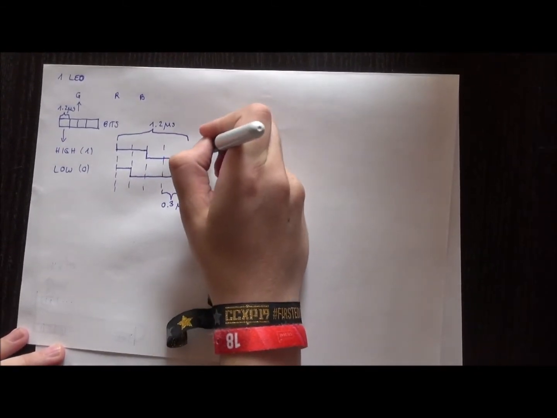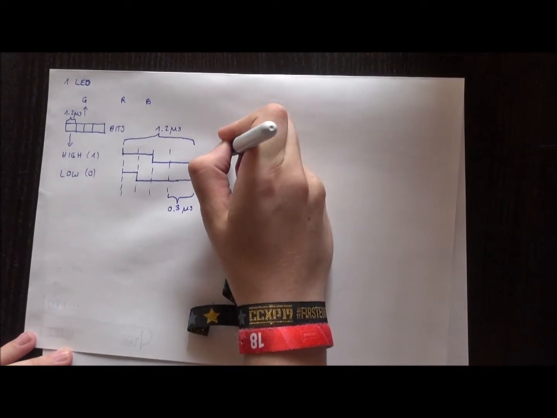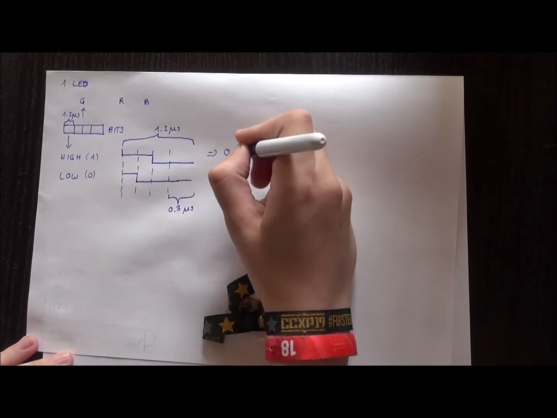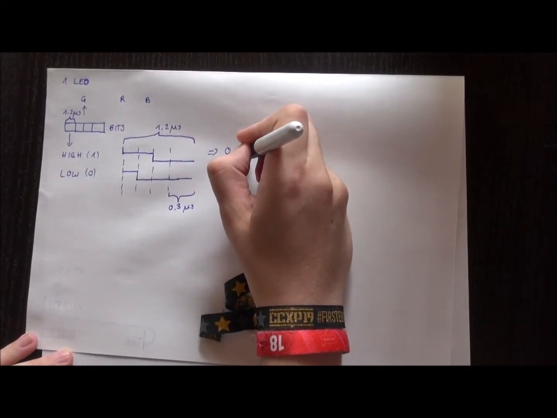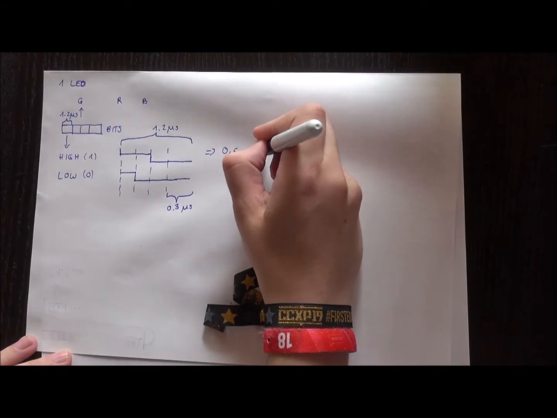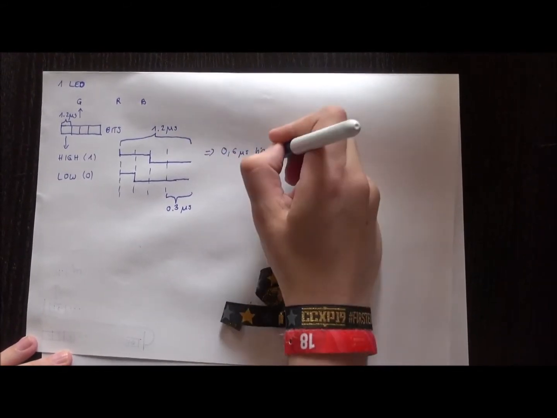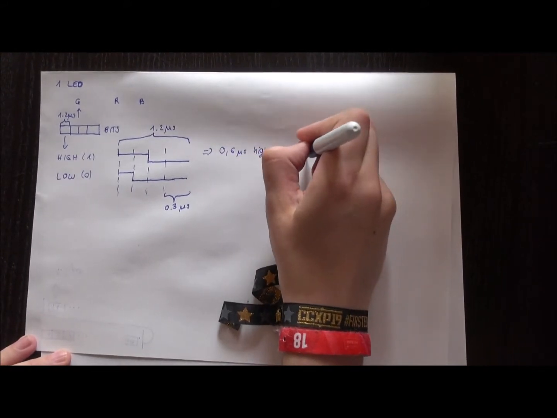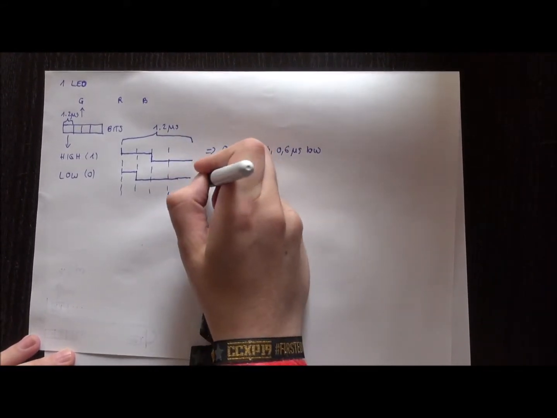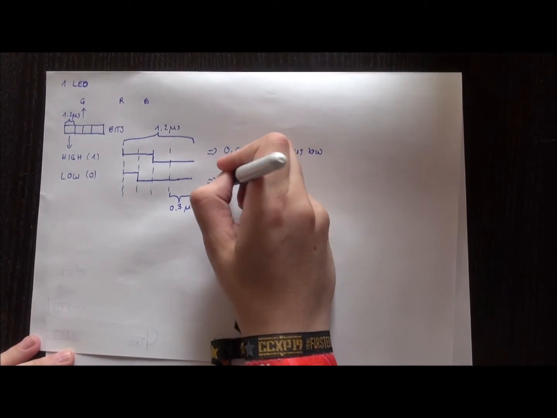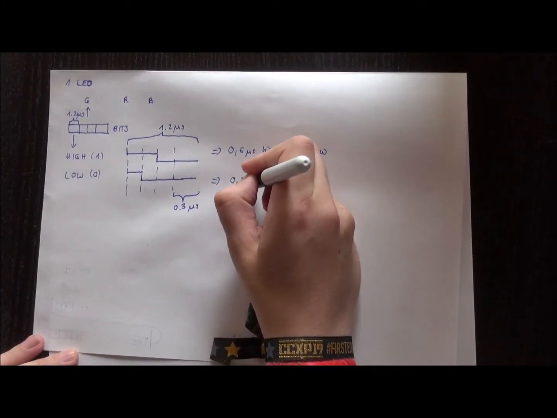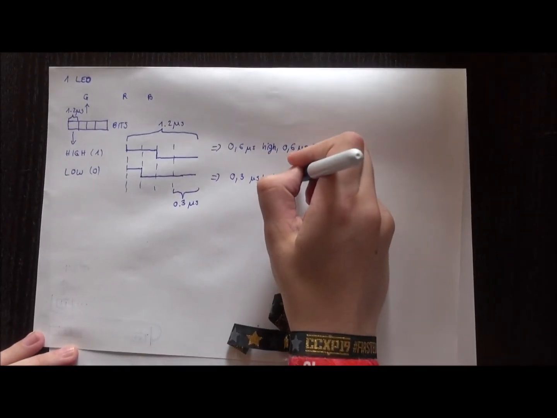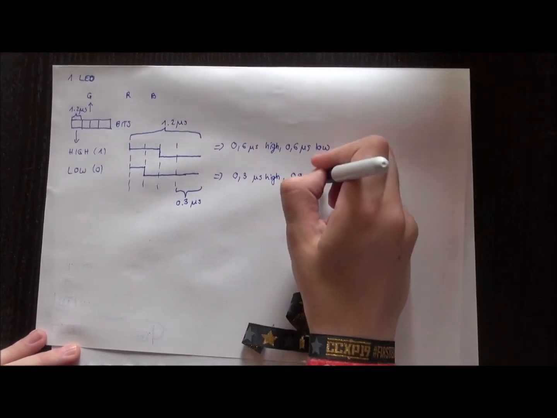So that means we have a 1 if we send 0.6 microseconds high and 0.6 microseconds low, and we get a 0 if we send 0.3 microseconds high and 0.9 microseconds low.